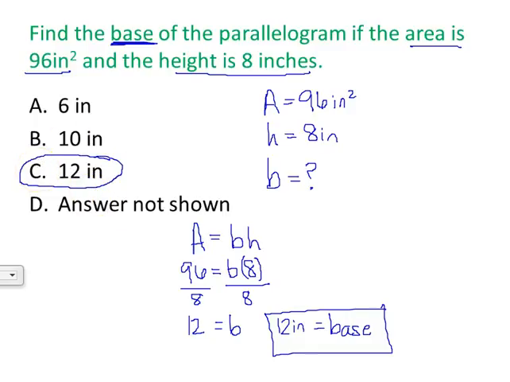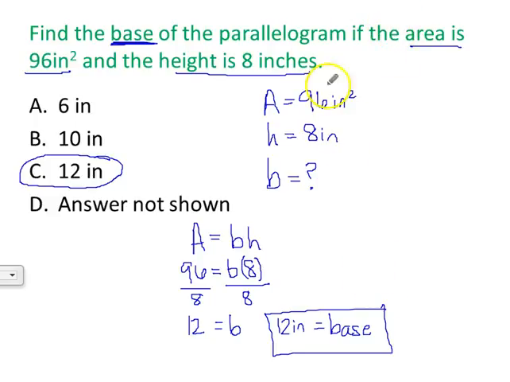I'm going to go on to the next slide, so if you need more time here, go ahead and click pause. And just a heads up, you're going to see lots of questions like this week where you're given the area and you'll be given the height or the base, and then you need to find either the height or the base, whatever's missing. You'll have to do that with triangles and all the other figures that we're learning about this week. So this is a very typical type of question that you'll need to know how to do.